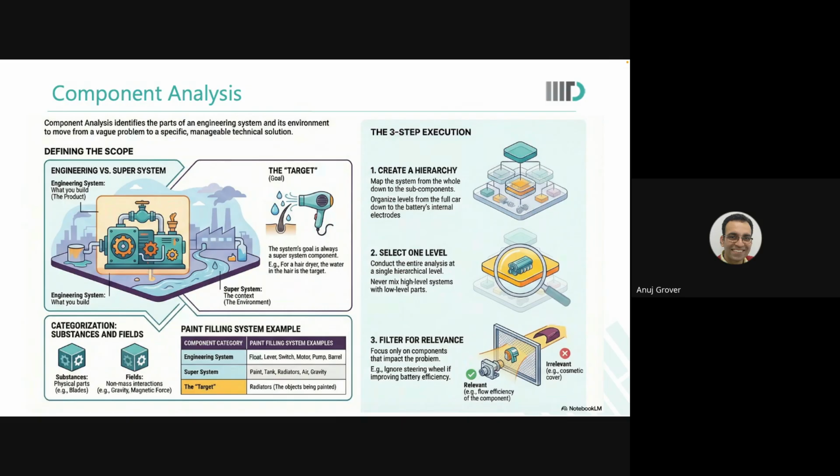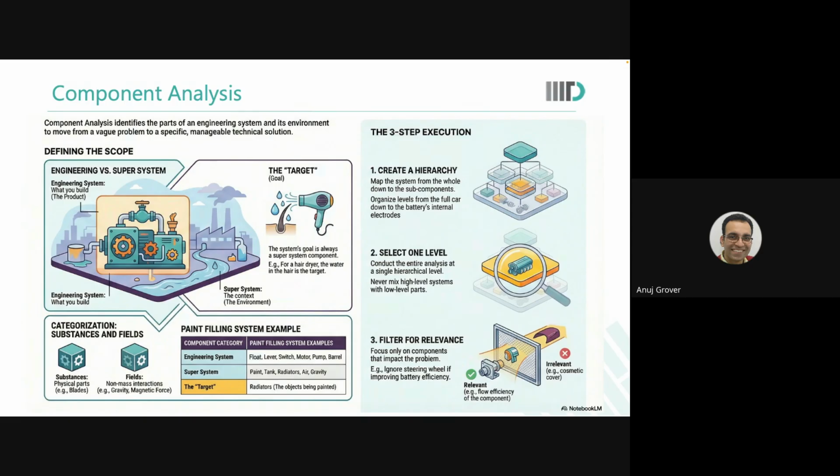Whether I model it or not, I don't know. But it is a component of the super system. That thing is clear: system components all have to be at the same hierarchy level. Super system components can be at whichever level. Is it okay? Then, as I said, we have to filter them for relevance.